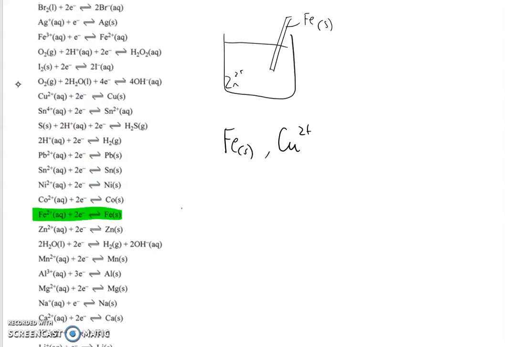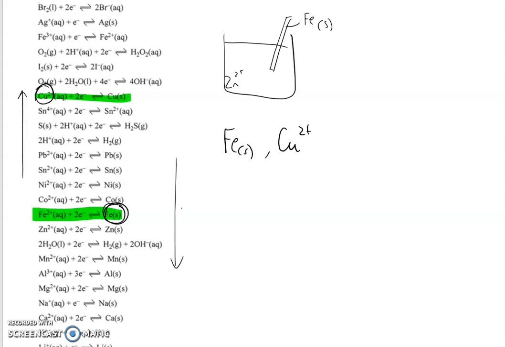Okay, and my copper ions. All right, what do I actually have present? I've got my copper metal and I've got my copper ions. So this is obviously the strongest reductant here. It's the only thing I have on this side that I've circled anyway, but it's the strongest reductant and the strongest oxidant here.